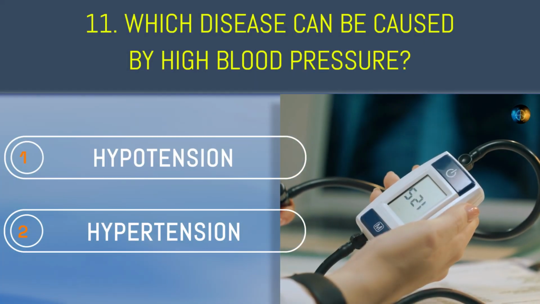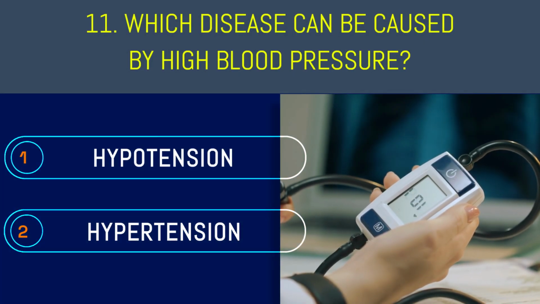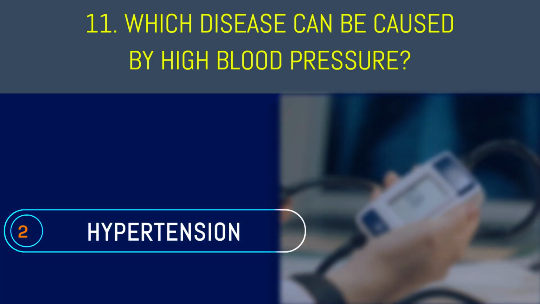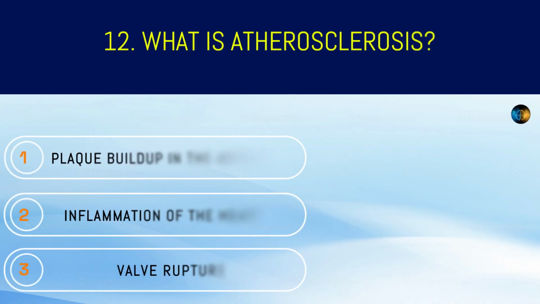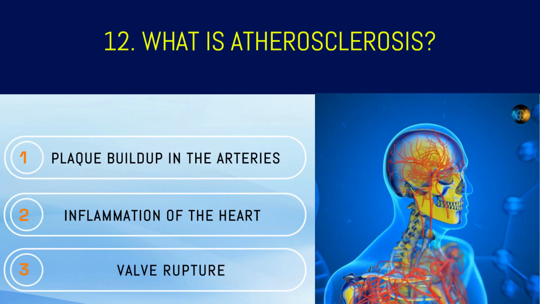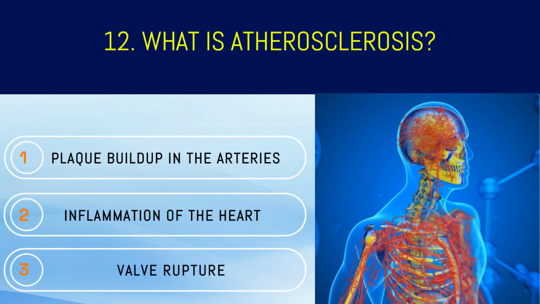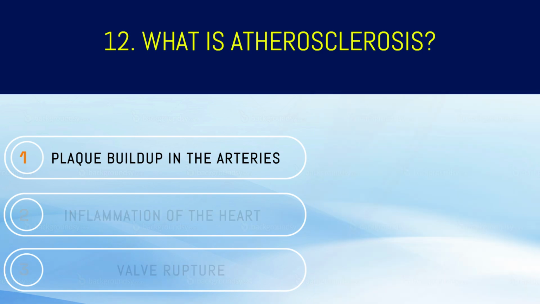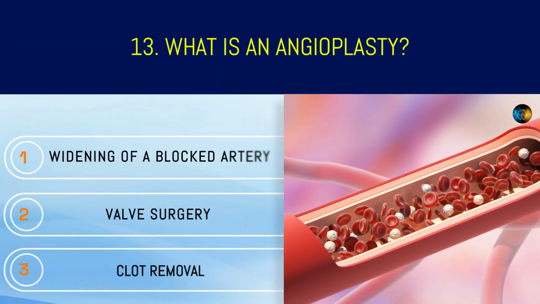Which disease can be caused by high blood pressure: hypotension or hypertension? Hypertension. What is atherosclerosis? Plaque that builds up in the arteries, inflammation of the heart, or valve rupture? Plaque buildup in the arteries. What is an angioplasty?